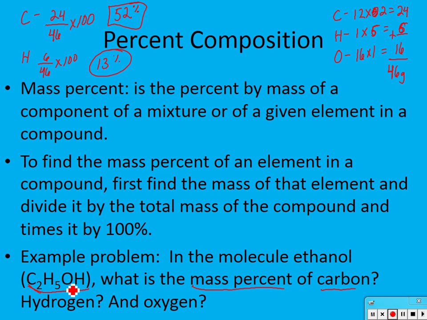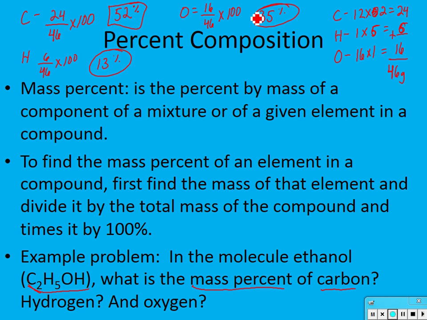Now let's do it for the last element in this molecule, oxygen. Oxygen in this molecule had 16 grams. Total in the molecule was 46. We do that and then times by 100. 16 divided by 46 is 34.7, but I'm going to round that up to 35%.